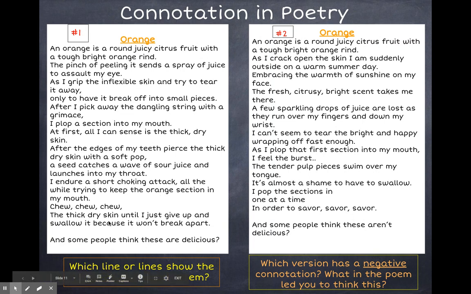At the end, they also give a big clue because they're saying some people think these are delicious, meaning they don't really like them. They don't think they're delicious.